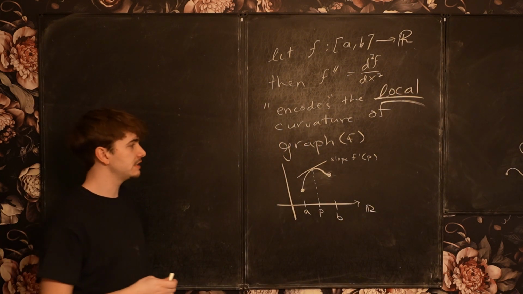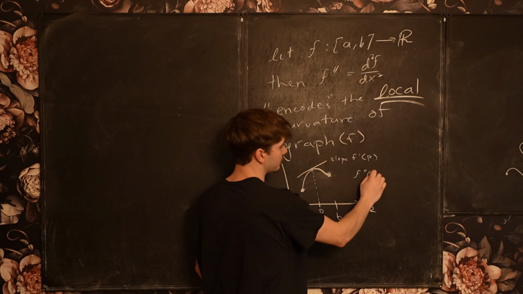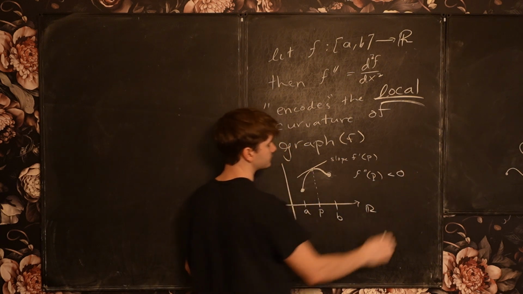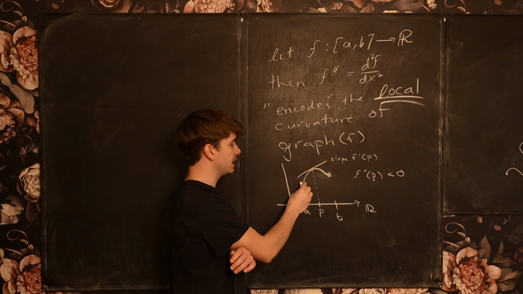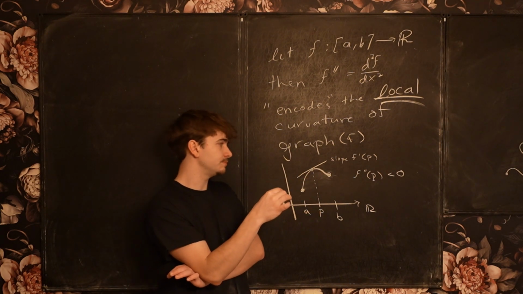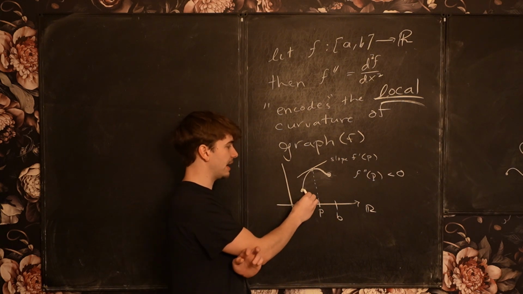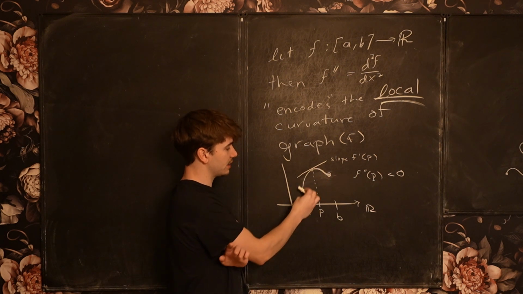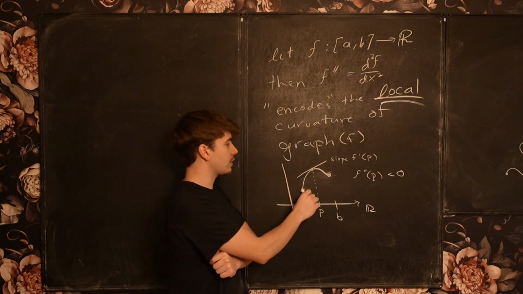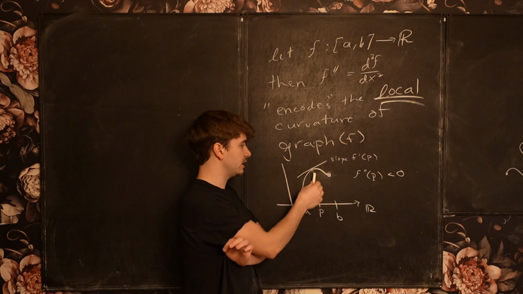What does this mean? If I look at the second derivative of this function at p, the second derivative is going to be negative, and that tells me that the slope of the tangent lines of the function is decreasing near p. So I have behavior locally like what I've drawn here. It kind of locally looks like a frowny face, and the graph is dipping below the tangent line nearby p.